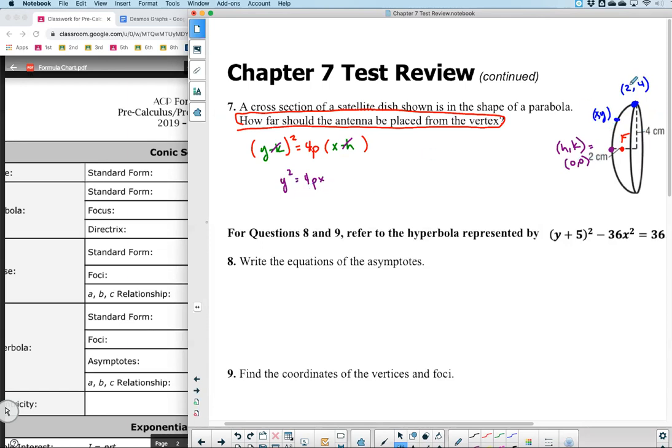If I plugged in the 2 and the 4, we would have 4 squared equals 4p times 2. You could use parentheses, but you don't need them since there's no negatives. So anybody know what 4 squared is? So 16 would equal, and 4 times 2? 8p. We divide by 8.